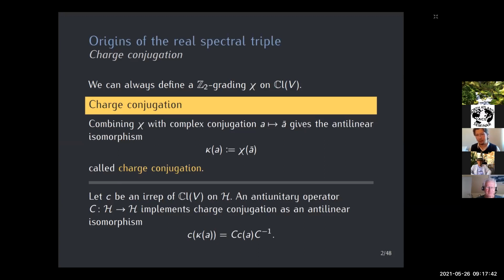Now, suppose you have an irrep of your Clifford algebra on a Hilbert space. You can define on that Hilbert space an anti-unitary operator, which I'll call capital C. This can implement the charge conjugation as an antilinear isomorphism, like so.